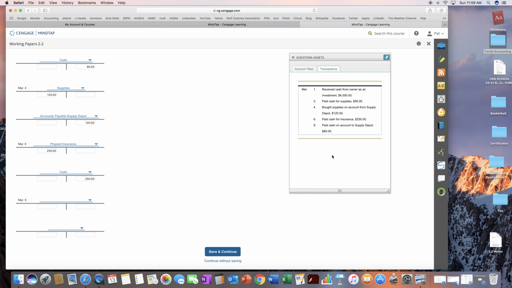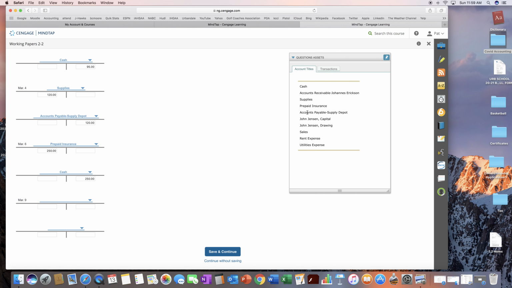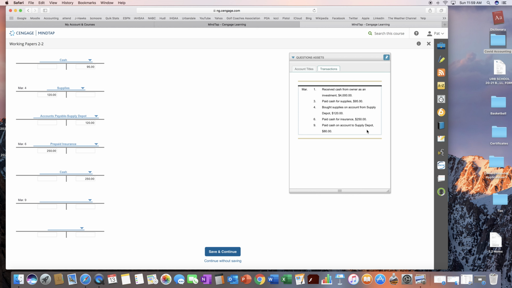Because that's an asset. Pay cash on account to Supply Depot. We previously bought supplies and owe them $120 here. Now we're paying $80. And we paid cash, so we know cash is being decreased with the credit. Now with our titles, accounts payable, Supply Depot, is a liability. So how do you lower a bill?